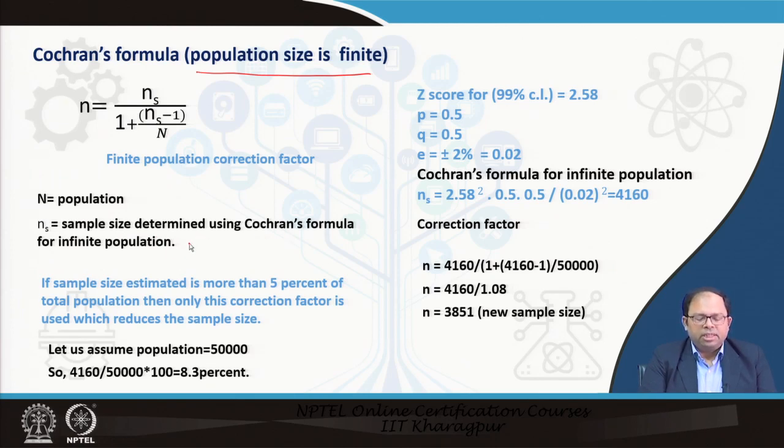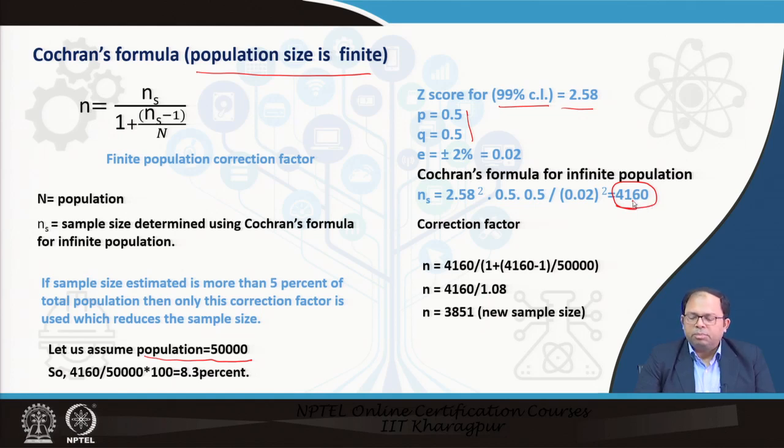Using this, if I assume that the total population of a city is around 50,000, and based on the previous calculation, for a z score of 99% confidence interval, which is 2.58, variability of 0.5, and e value of plus minus 2%, we say that the number of samples that we need to collect is 4160.